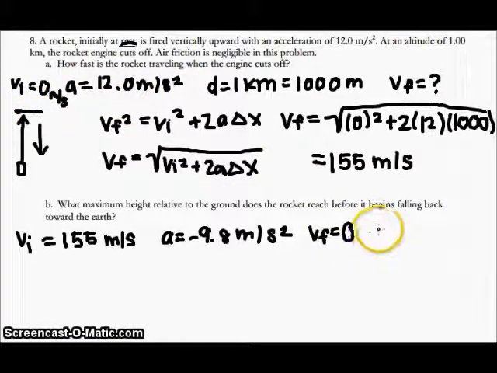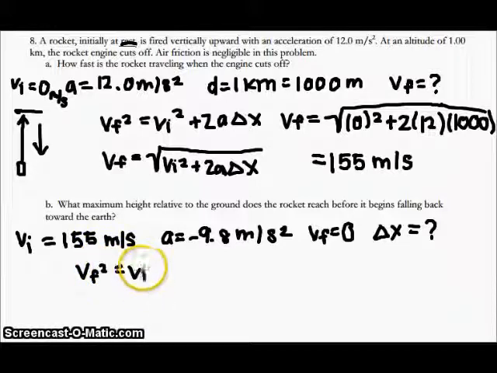And then we want to find the distance, or we can just say change in x. So we can use the same equation as before and just plug in the variables. And then we can solve for the change in x.